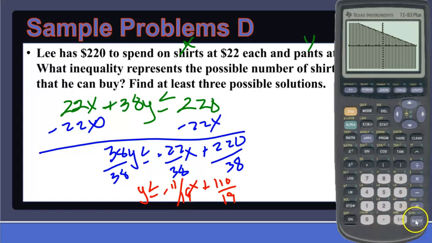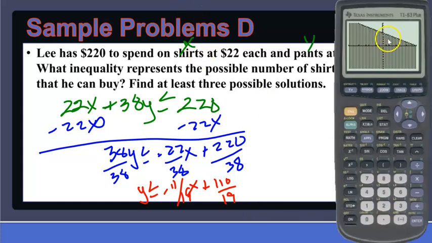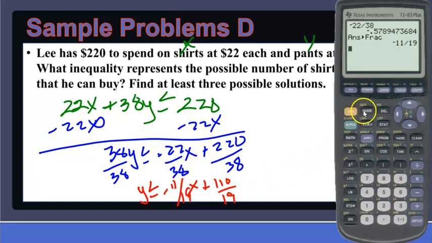We know it's got to be below that line, everything in the shaded area here. So the y-intercept is going to be 110 divided by 19, which gives us 5.78.